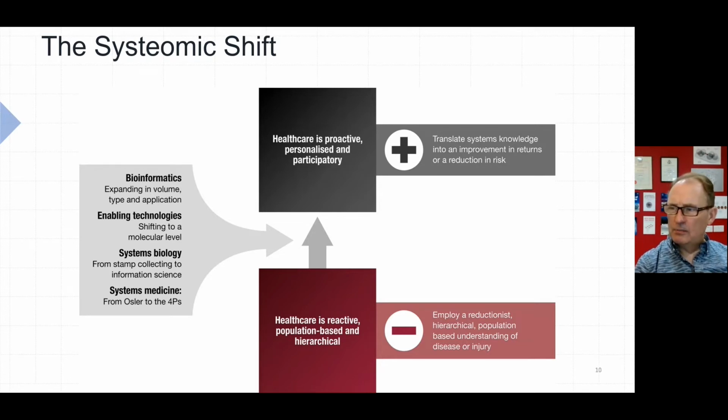Now it's proactive, it's personalized, and it's participatory. What that means is that business models succeed now if they understand how systems medicine works. So, for example, a business model succeeds if it treats cancer according to the genomics of the tumor rather than the old Oslerian method of saying it's a lung cancer or liver cancer.